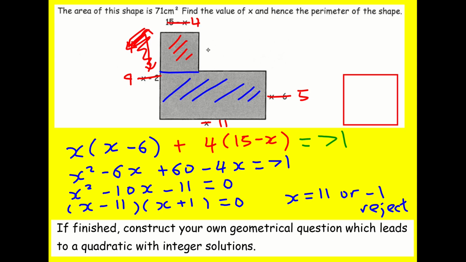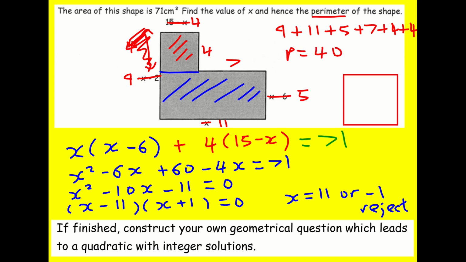And this is also 4, I had 4 before, and that's going to be 7. So the perimeter is going to be 9 plus 11 plus 5 plus 7 plus 4 plus 4. 20, 32, 40.